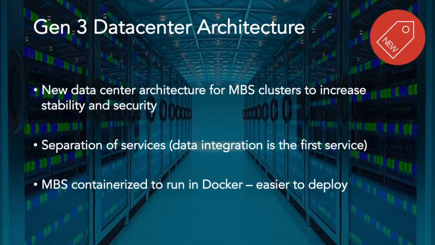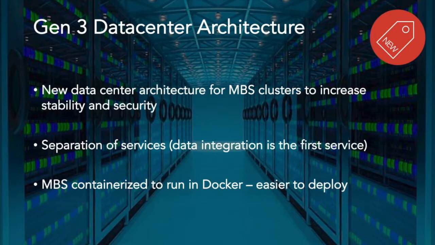Okay, I think you got most of it. The main thing is, as we move from our Generation 2.5 to our Generation 3 architecture for our data centers, where MBS and our message broker lives and everything, we want to make sure that we stay up to date, we stay current. We've upgraded the major components, like CentOS and RabbitMQ that we use for messaging, to the latest and greatest, most stable versions of them.